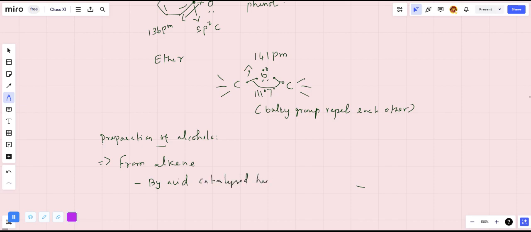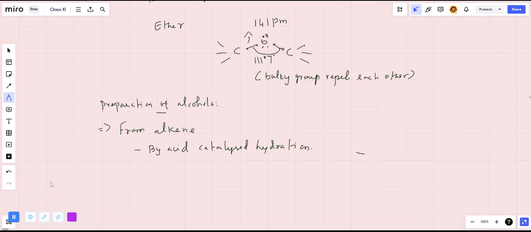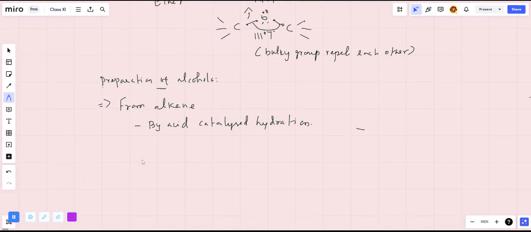By acid catalyzed hydration, which is one method. Hydroboration oxidation, another method. All these methods come under from alkene. Okay, we'll see the first one, from alkene.